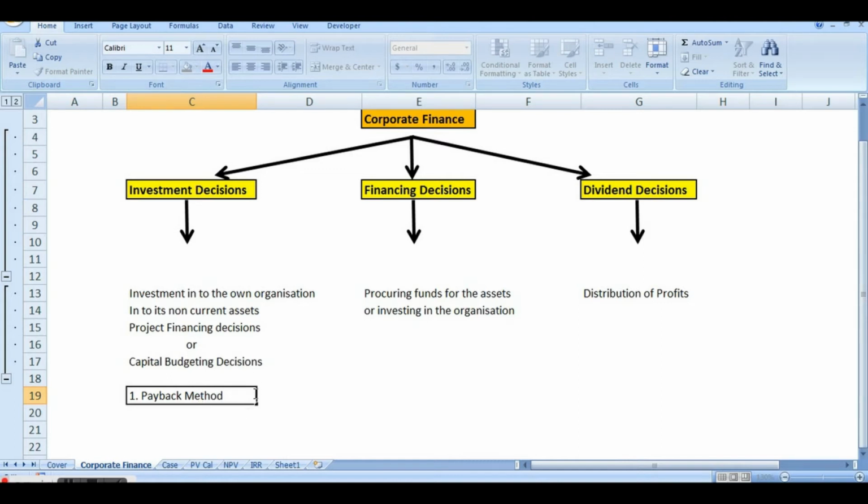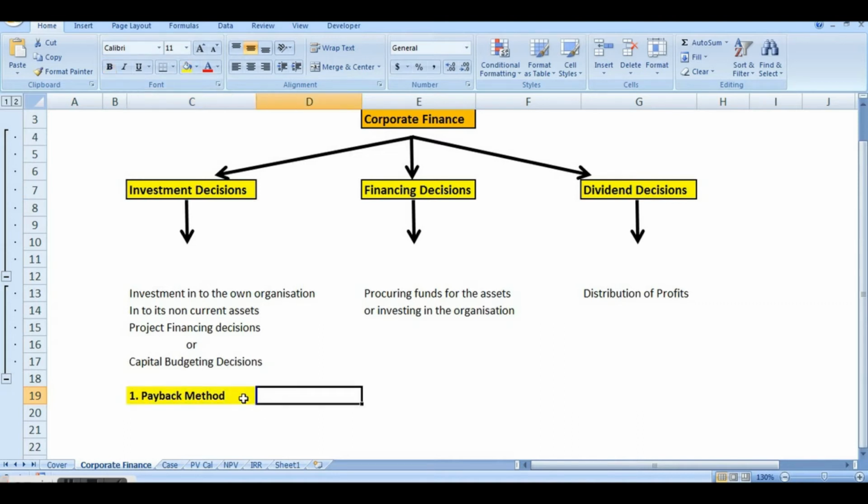Under the payback method, you try to find out the period in which you get back your investment into the machinery that you select or that you intend to buy. And the ultimate conclusion by using this method is simply the machinery with the lowest payback period shall be selected.